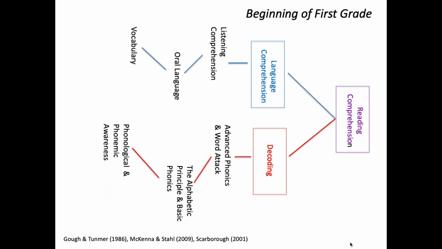At the beginning of 1st grade, we're screening with the NWF assessment to indicate their ability to match sound to symbol and blend letter sounds. We're also screening with PSF at the beginning of 1st grade, and this is really the critical indicator.